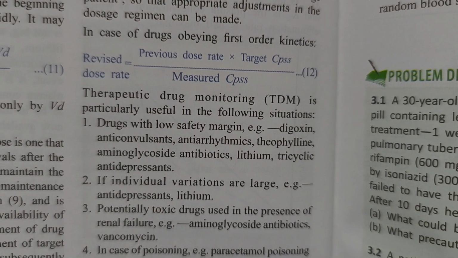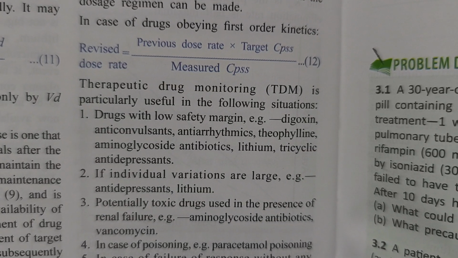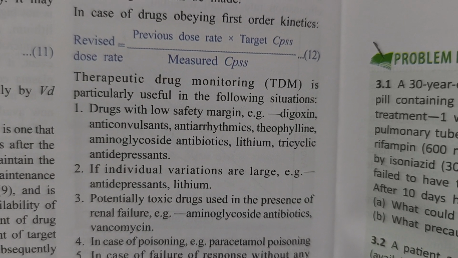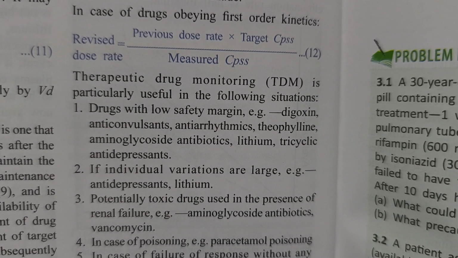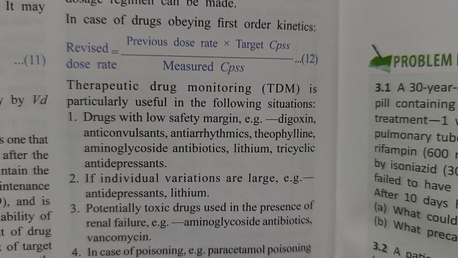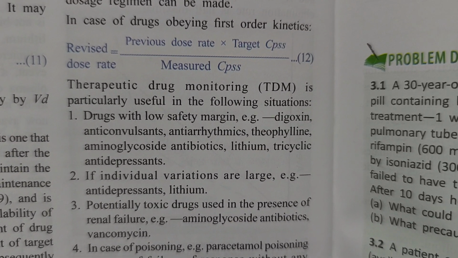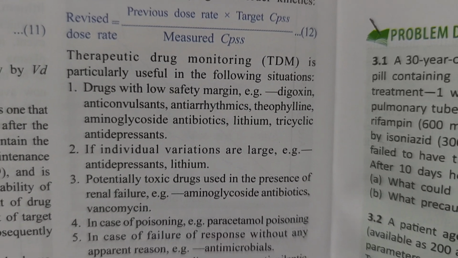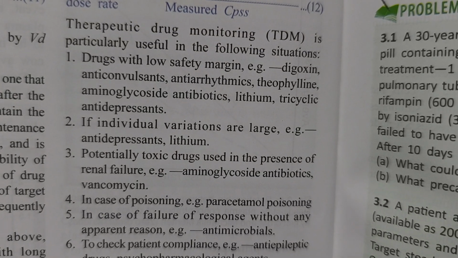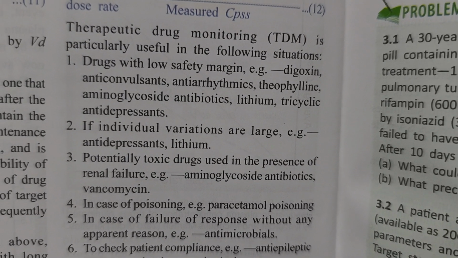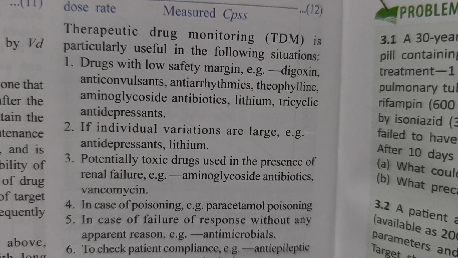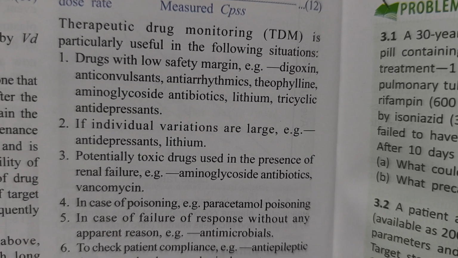In case of drugs obeying first order kinetics, revised dose rate is equal to previous dose rate times target CPSS divided by measured CPSS. Therapeutic drug monitoring, TDM, is particularly useful in the following situations.